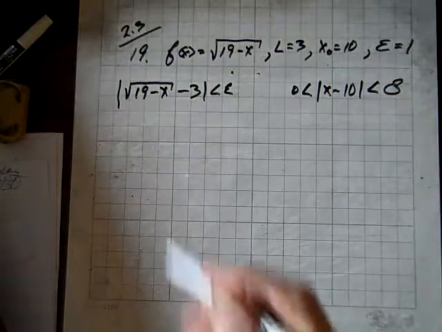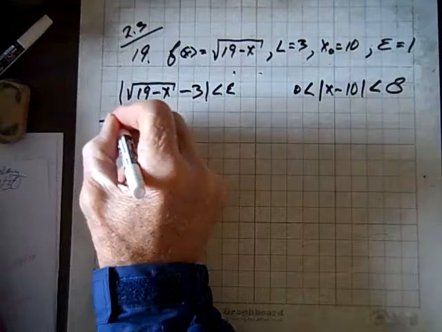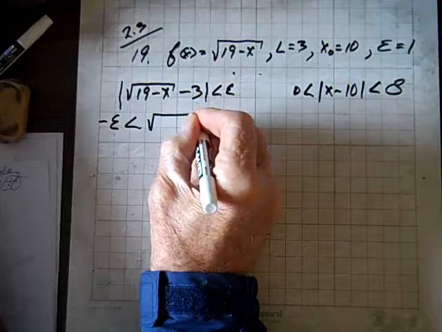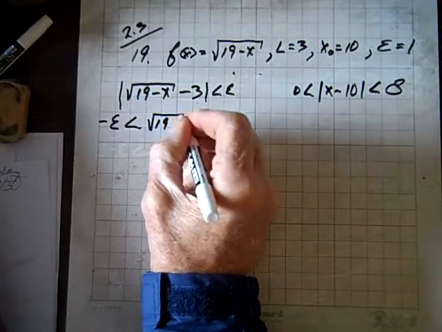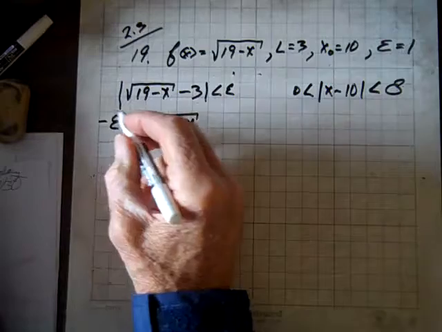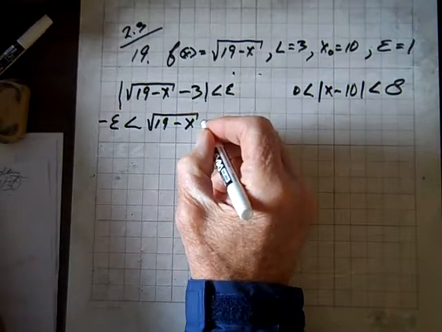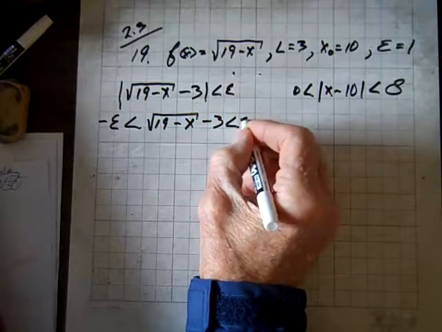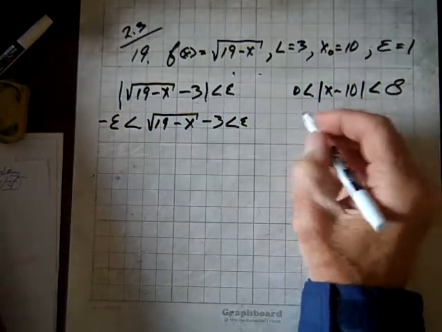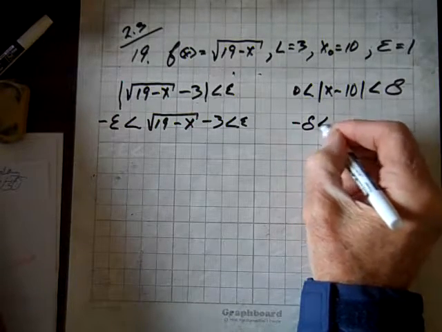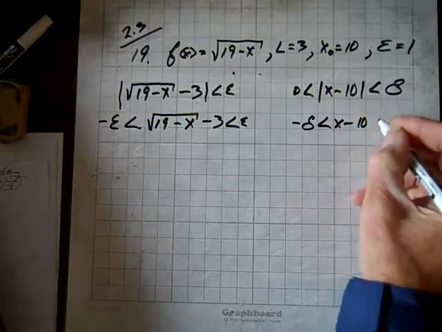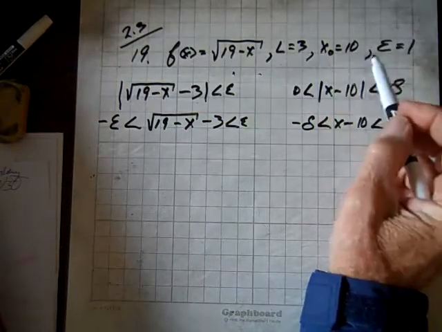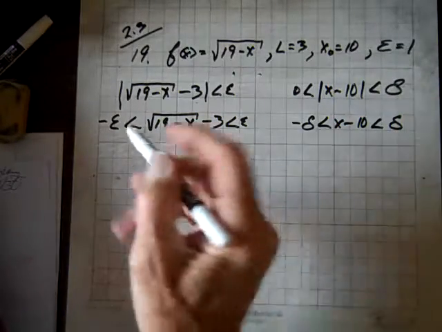So now, let's dispense with these absolute value bars, and we can do that in this manner, putting another inequality in to the left, installing the opposite of epsilon, which is negative epsilon, to the left of that. And now we no longer have absolute value bars. We'll do the same thing here. Minus delta less than x minus 10, which is less than delta. Okay, because our x sub naught is 10, our limit is 3, and epsilon is 1.